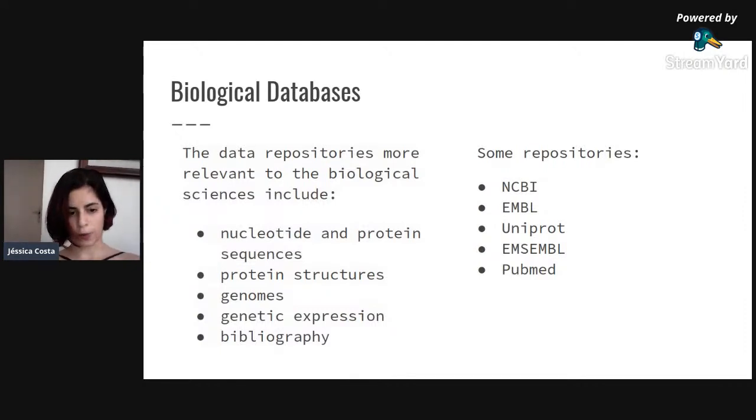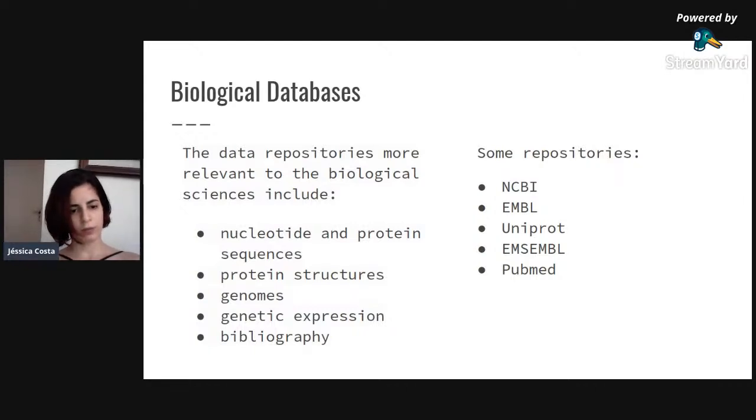Genetic expression is how genes make proteins. This process of how genes make proteins is called genetic expression.